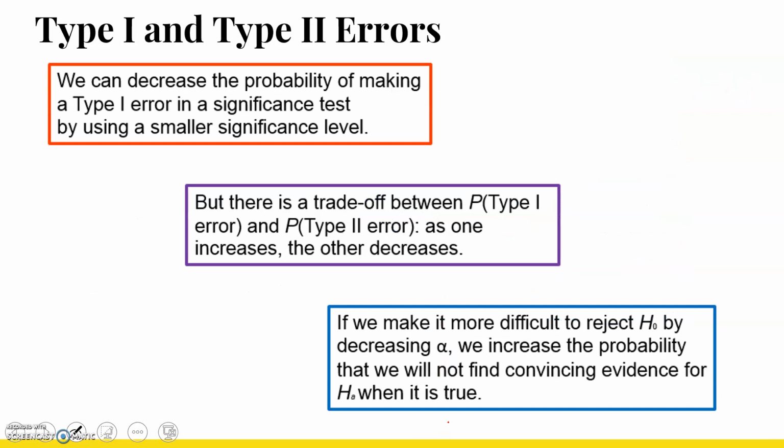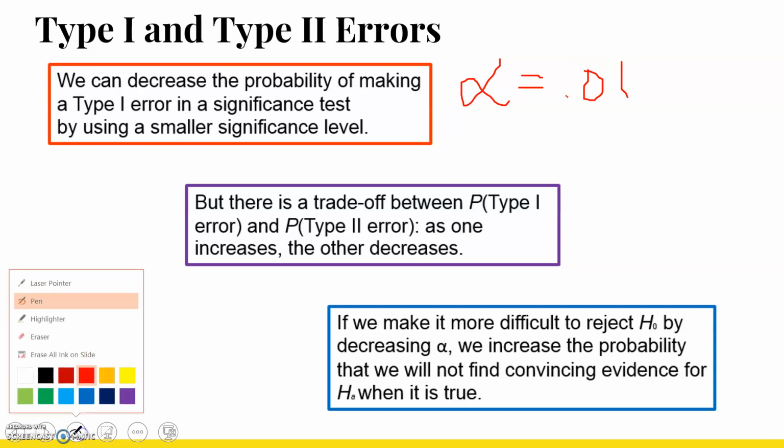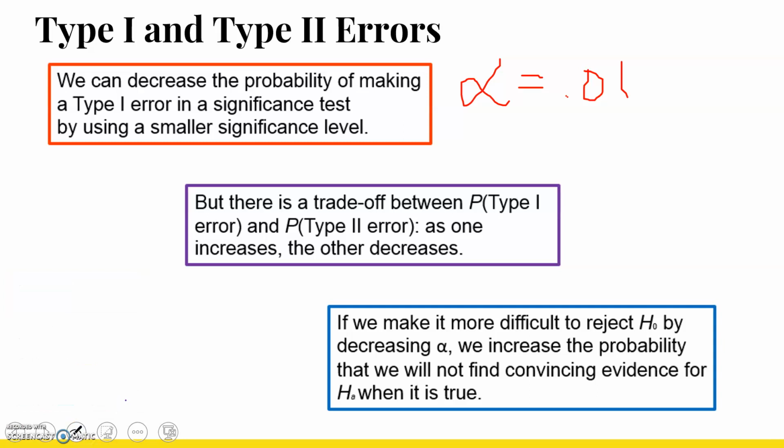So here's some things to think about here. We can decrease the probability of making a type 1 error in a significance test by using a smaller alpha. Because remember, if you set your alpha to, let's say, 0.01, you're lowering your probability of a type 1 error. But we have a trade-off. There is a trade-off between a type 1 error and a type 2 error. There's an inverse relationship.